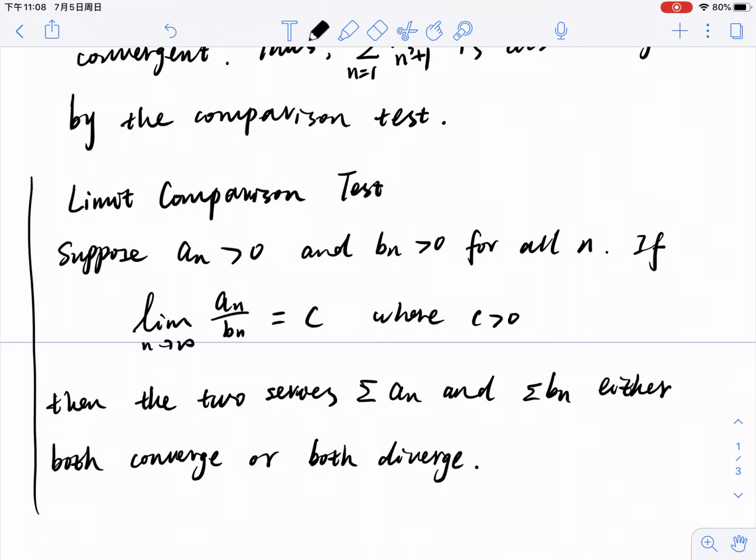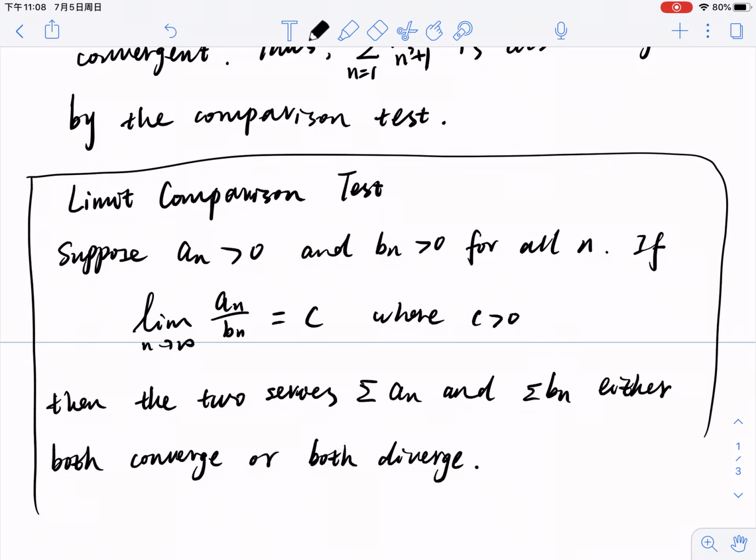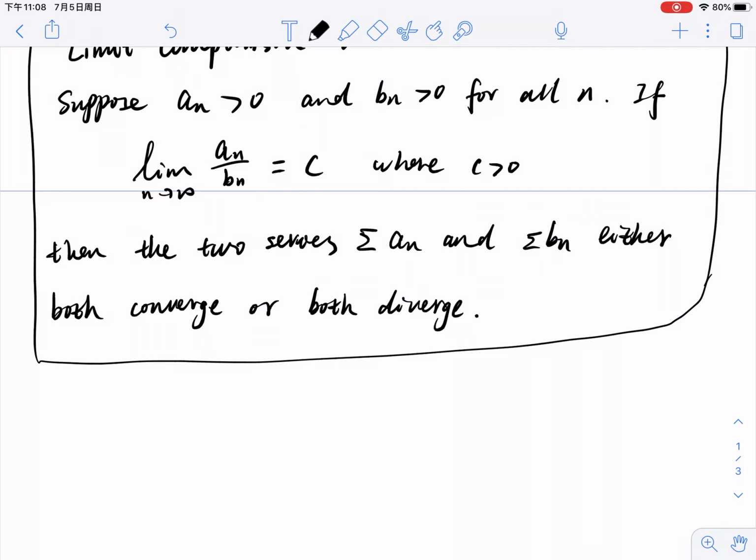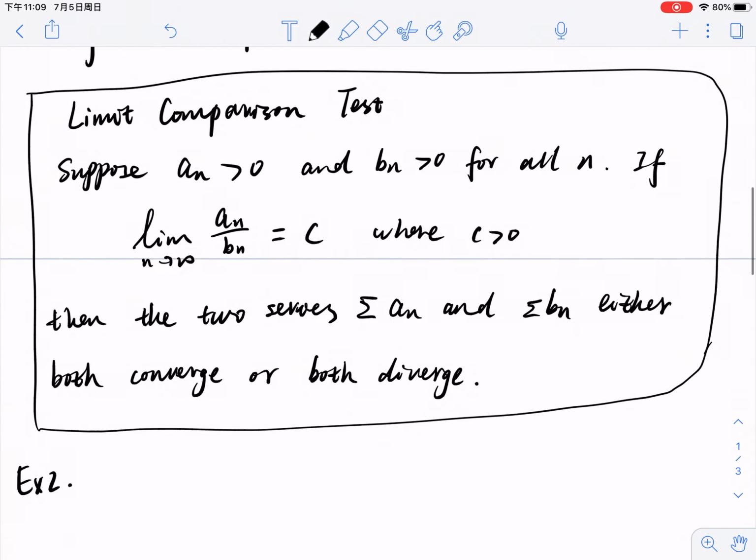This is called the limit comparison test. So now we use the limit comparison test to do an example.